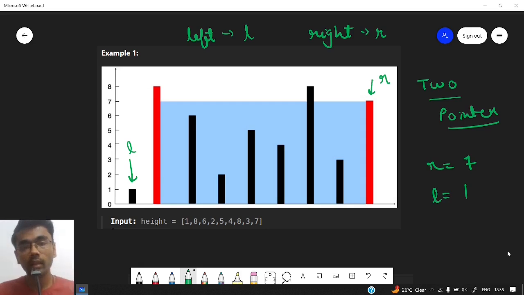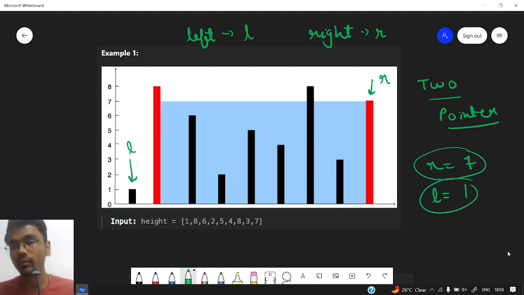So just think, which pointer should we move, either left or right? We will move our left pointer. Why? Because our left height is lesser than the right height. So whatever height is lesser, we will try to move that pointer. So our left pointer will move here now.